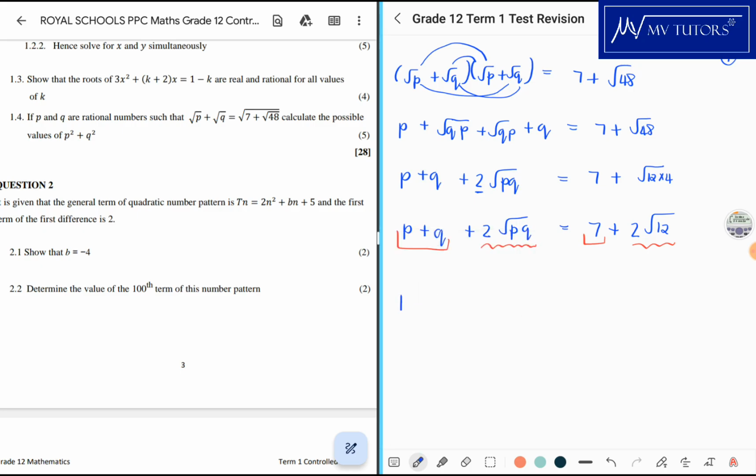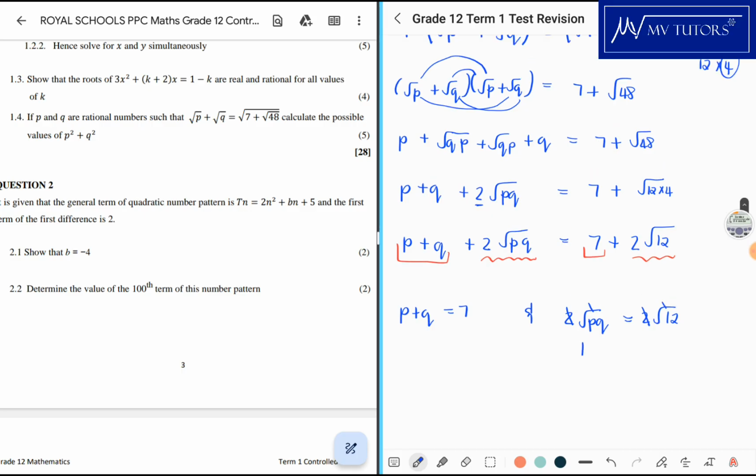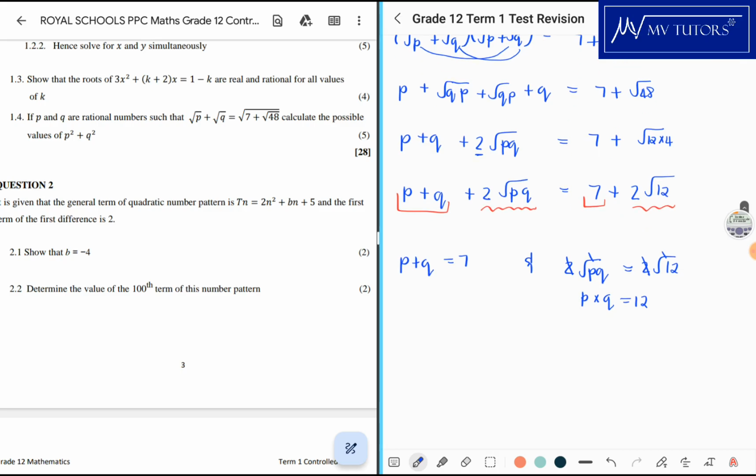So I can say p plus q is 7, and 2 root pq is equal to 2 root 12. And in that way, I have two equations and two unknowns. Okay, so the 2's will cancel, the roots will cancel. So basically, p times q is equal to 12.